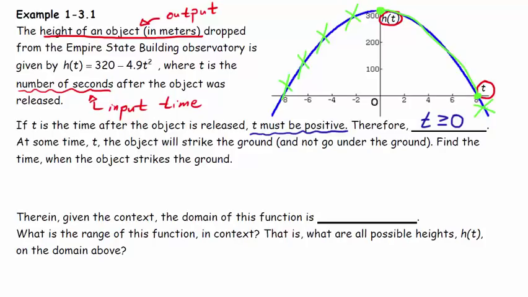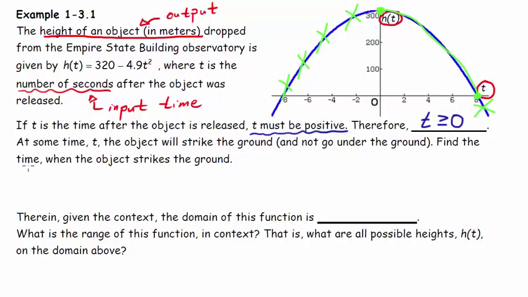Alright, so now if we want to find out what that time is, it looks like it's going to be around 8, we have to consider what our height is when we hit the ground. Well, the height would be 0. Okay, so I need to find out, is this going to be a solve or an evaluate? So my height of 0 is an output.